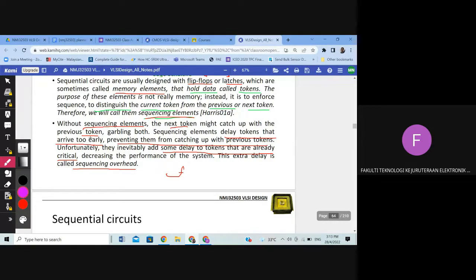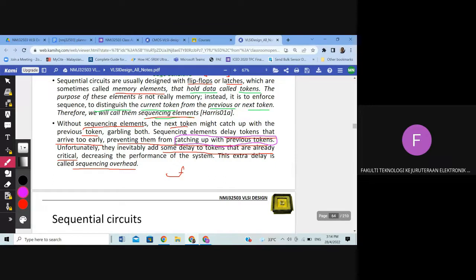So what happens if we don't have these sequencing elements? That will introduce data catching up with the previous token, and the data will not be correct. For example, you do the multiplication in your pre-lab or lab 0. 5 multiplied by 3, you get 15.